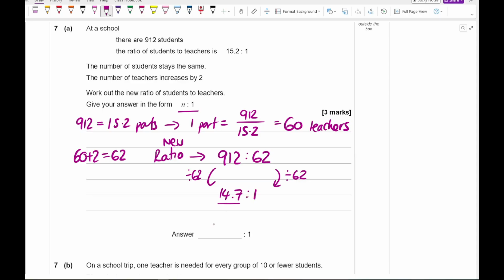Now that number has been rounded, so again, depending on what your rounding is, I'm just going to say that this has been rounded to 1 decimal place.